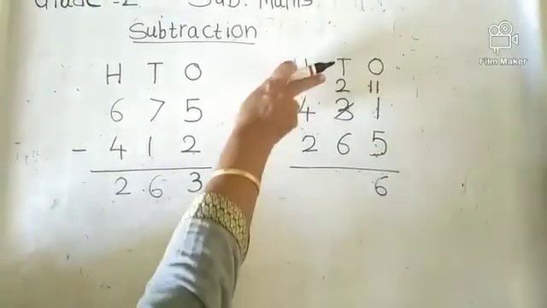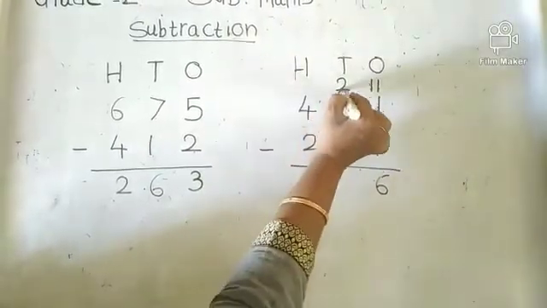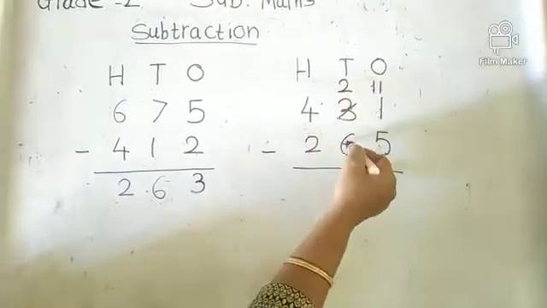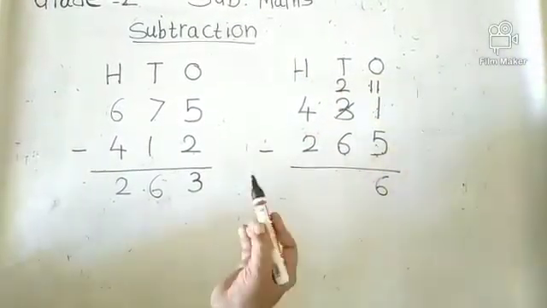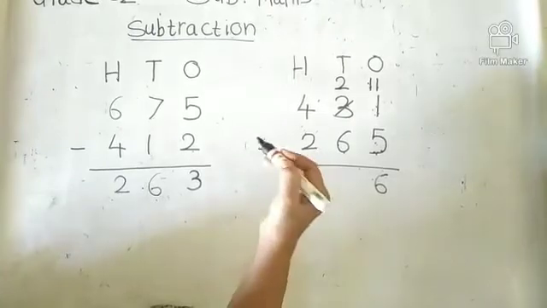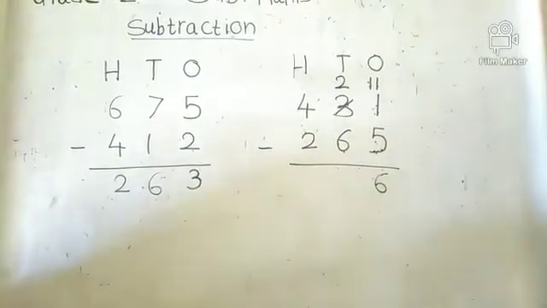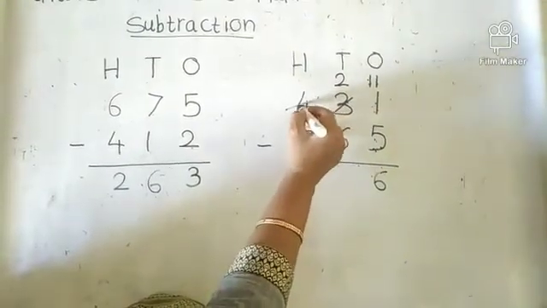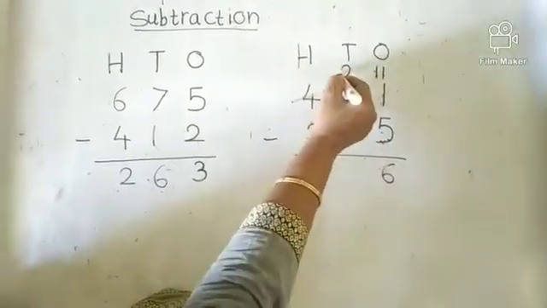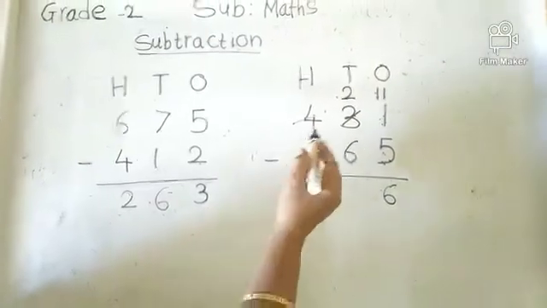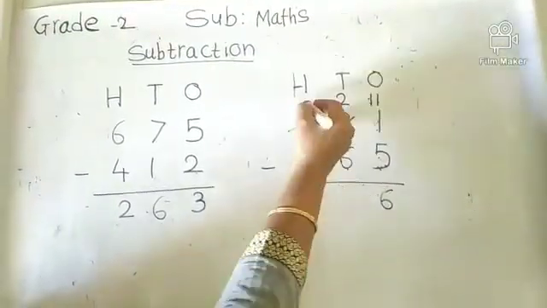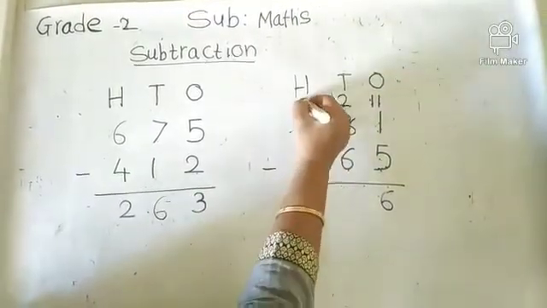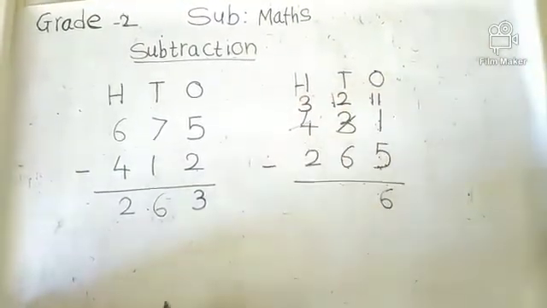Now tens place here. Here is 2 and this is 6. We cannot subtract 6 from 2. So we have to take 1 hundred from hundreds place. Then here is 400 and we gave 1 here. So we get 12 tens here and here remains 300.